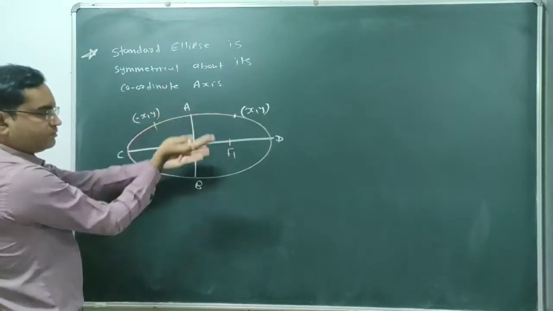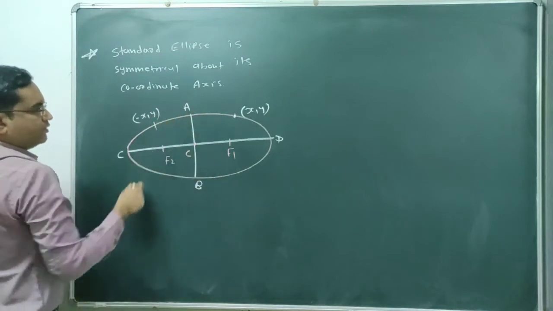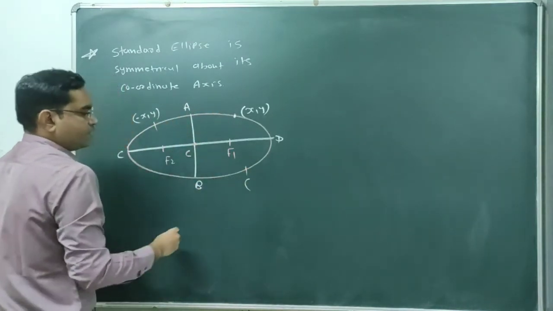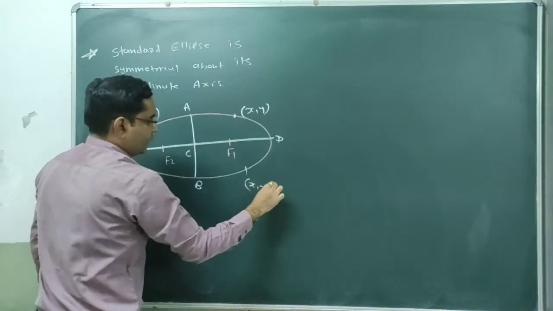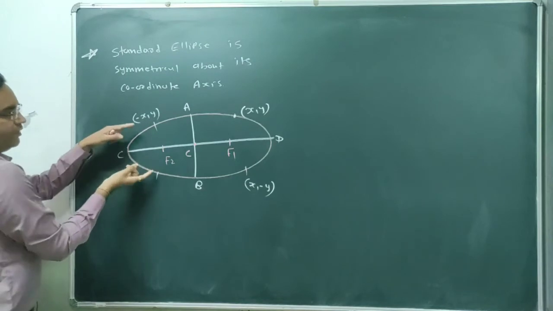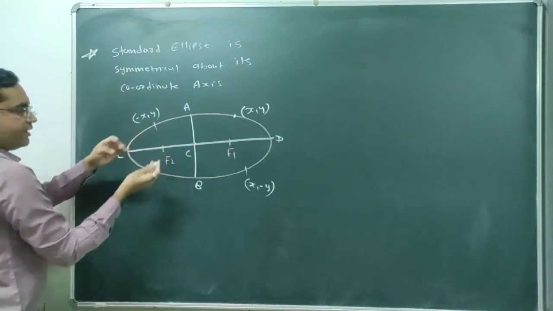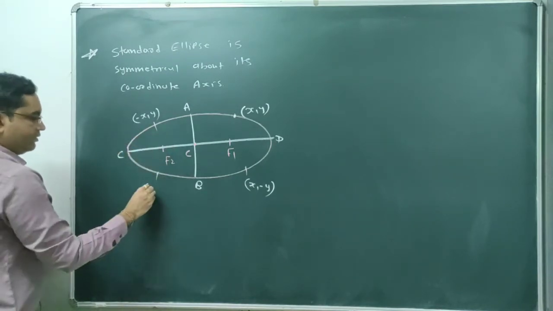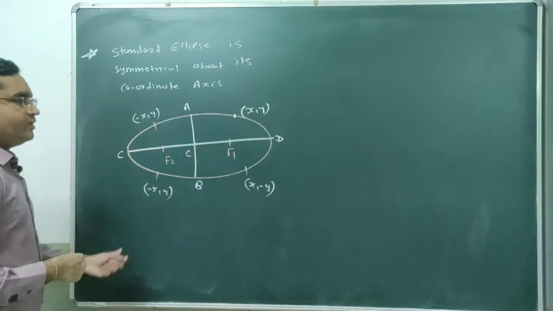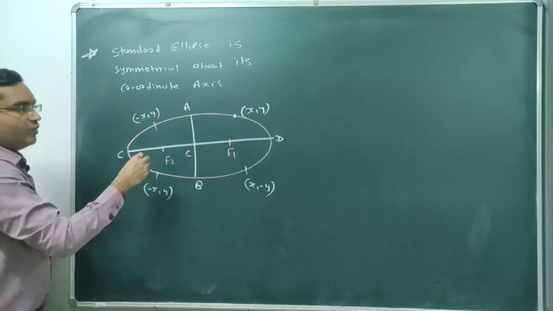So this point will be changed to here. This x will be positive, y is negative. So it's (x, -y). If we rotate this ellipse along with this x-axis, this will be (x, -y). So this is known as symmetricity of this ellipse around its coordinate axis.